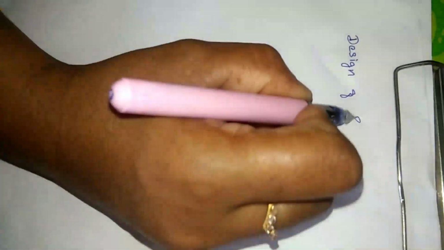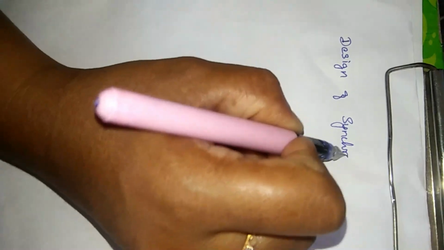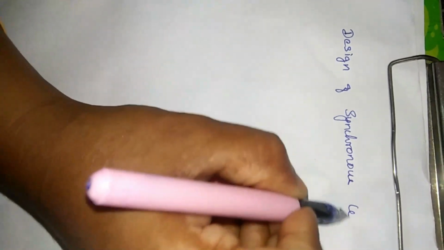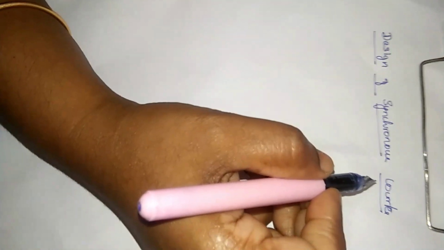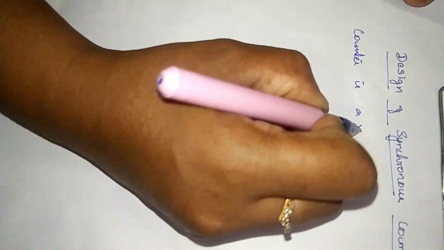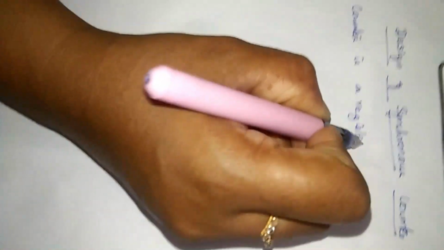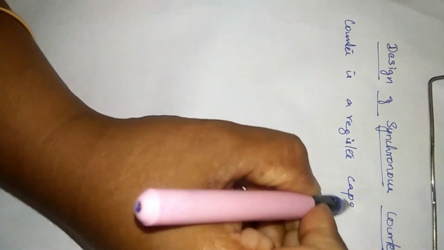Dear students, the next topic is design of synchronous counter. As discussed, what is a counter, and what is a synchronous counter? Let me quickly brush up what we have discussed earlier. A counter is a register which is capable of counting.